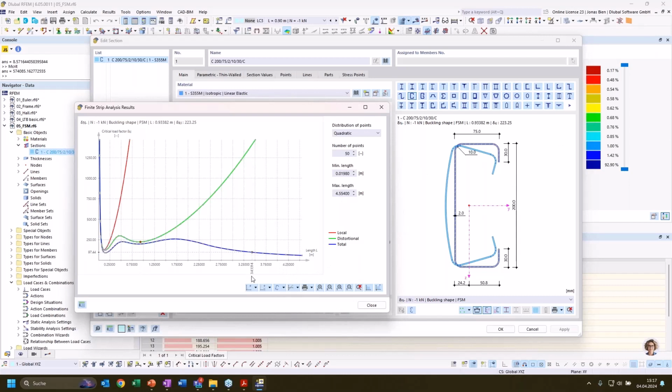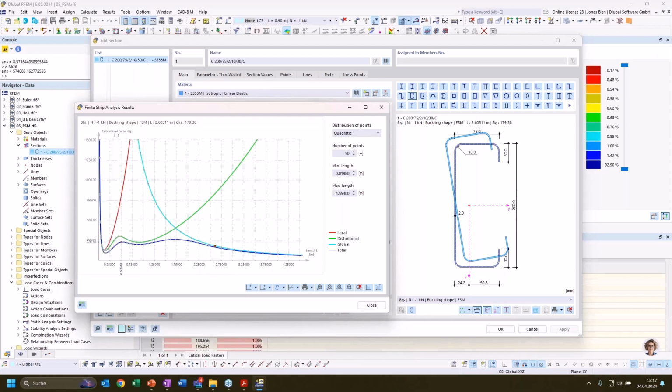And then we can also get the global instability curve, where you can see the bifurcation load decrease significantly with increasing member length. So when we click here, we get all the global instability failure modes that we would receive from a beam model.